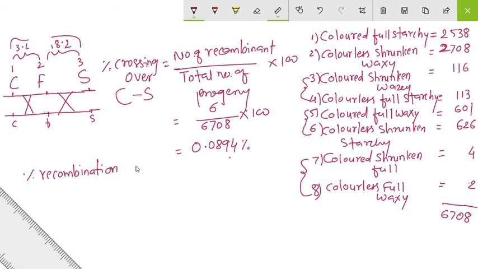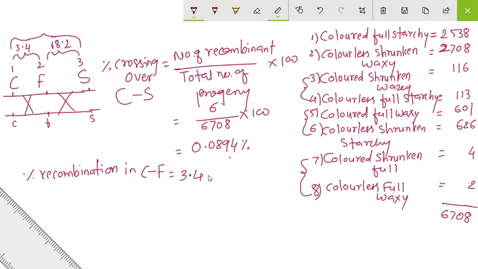The percent recombination, first of all, is between C and F. We already calculated the distance between them. It is 3.4, which is the result of single crossover.